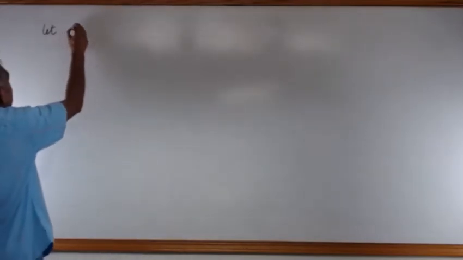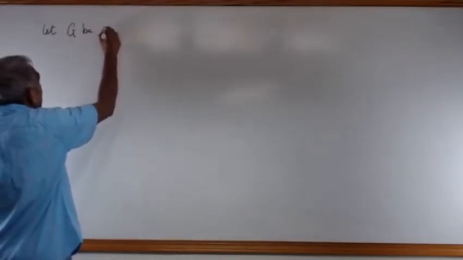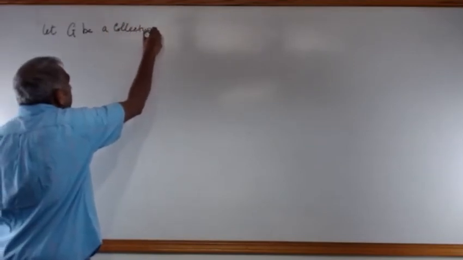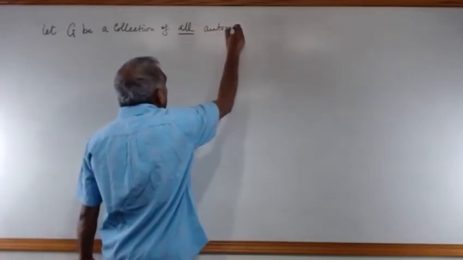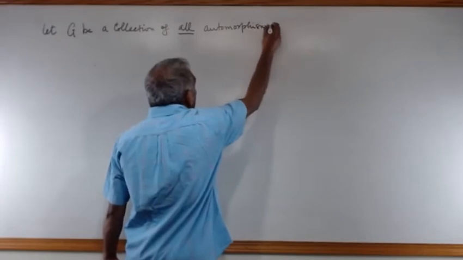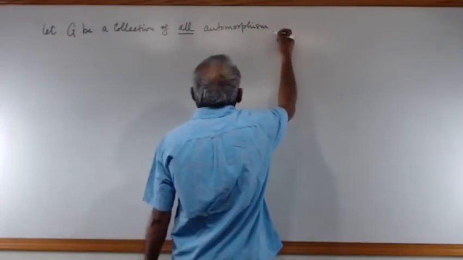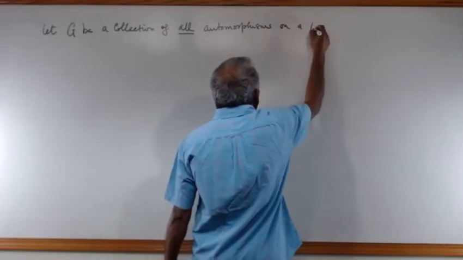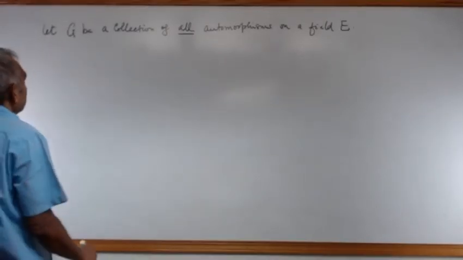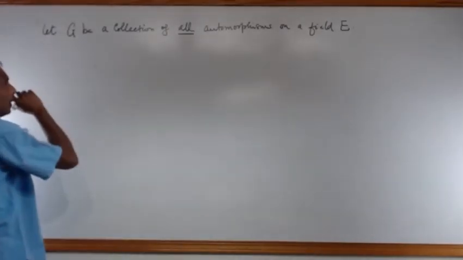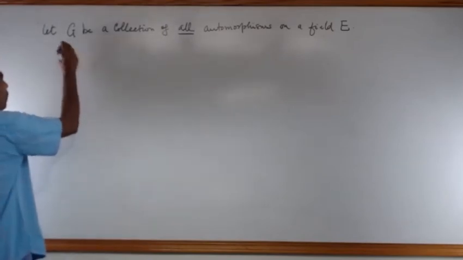Now we'll let G be a collection of all automorphisms on a field E. Then let us take two elements from here.